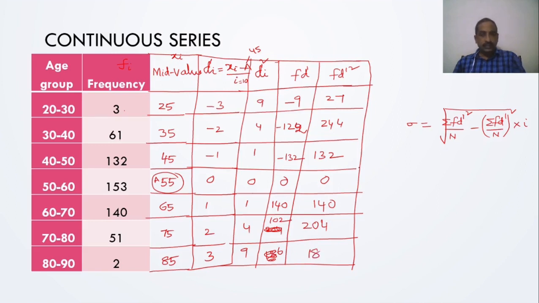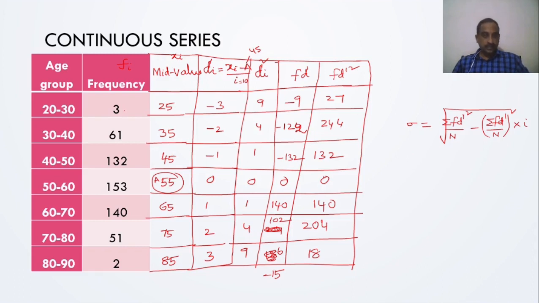Now you have to take the total of fd dash, that is minus 9 minus 122 minus 132 plus 0 plus 140 plus 102 plus 18, which comes to 17.